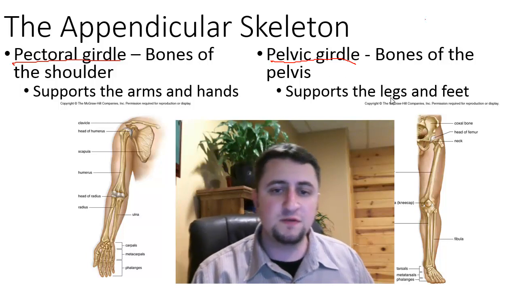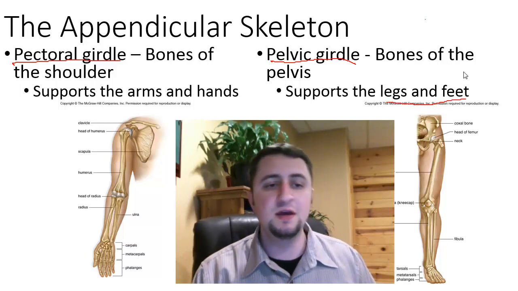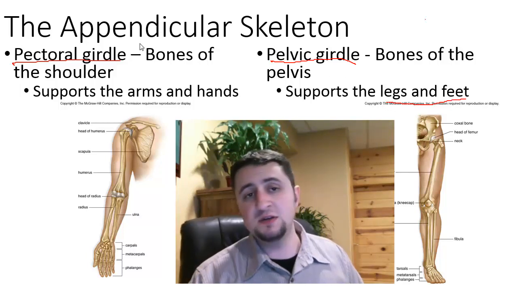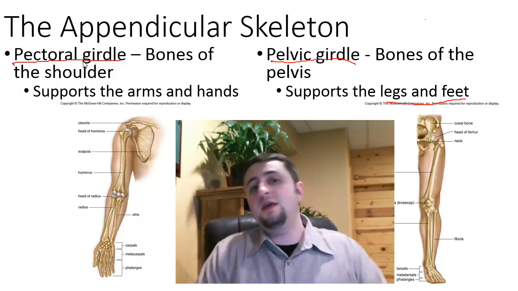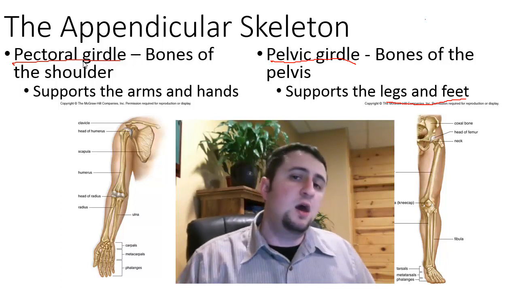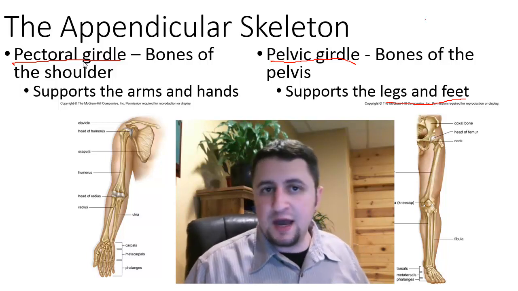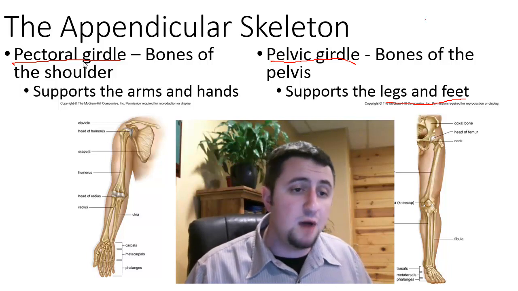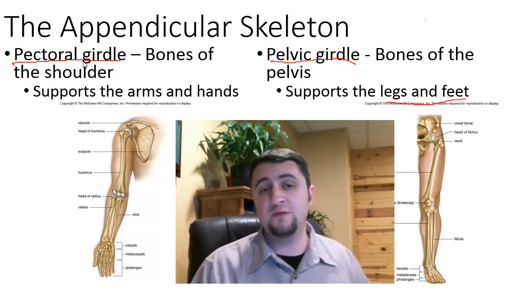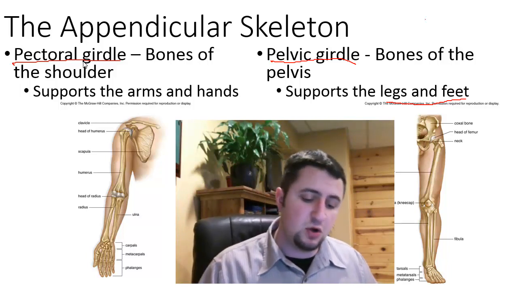That supports the legs and the feet. So 2 divisions to the appendicular skeleton, the pectoral girdle and the pelvic girdle. The next thing we're going to do in class, guys, is label some major bones in our body. You'll be responsible for 20 to 30 of those bones.